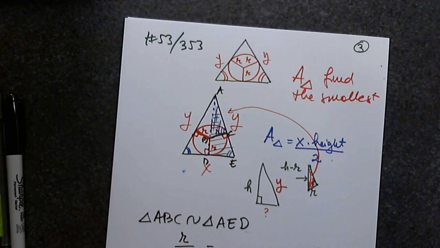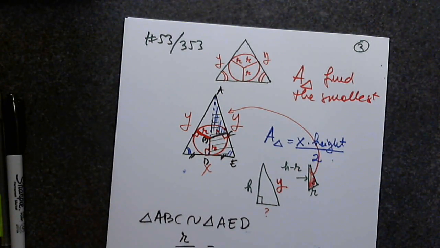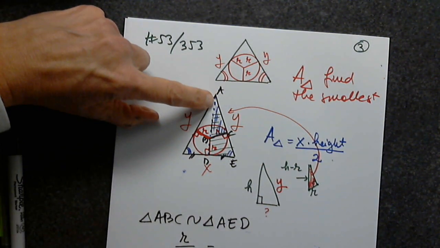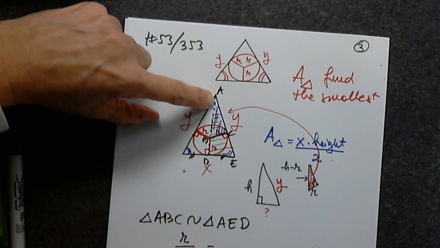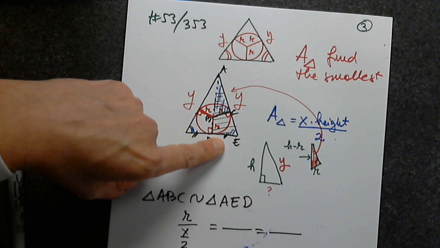That's always the case in an isosceles triangle as well as equilateral. But in an isosceles triangle, the height will always divide the opposite leg in 2 equal parts. So that's also the median of the triangle. So I know that this piece and this piece must equal each other. So one more time. The opposite of A in the small triangle is r. The opposite of A in the big triangle is x over 2.